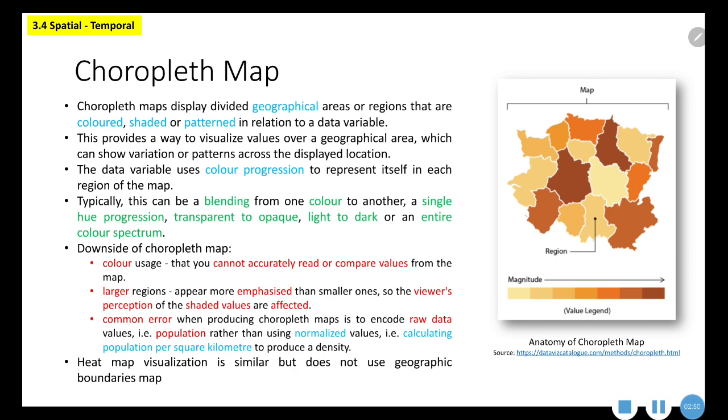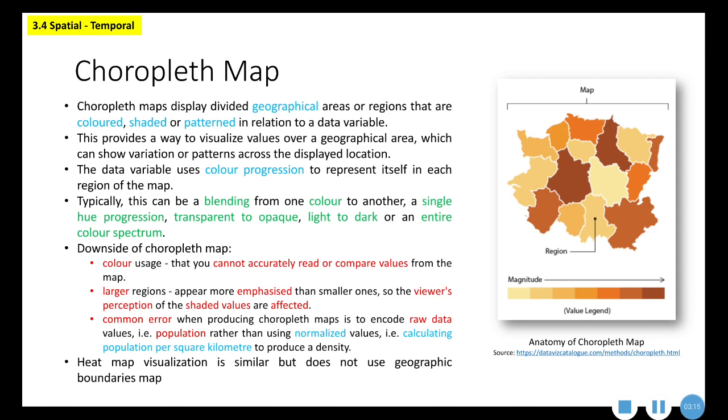So the first type of spatial data representation is choropleth map. So if you find this kind of representation, this is a type of choropleth map. So it displays divided geographical areas or region that are colored, shaded, and patterned in relation to a data variable.